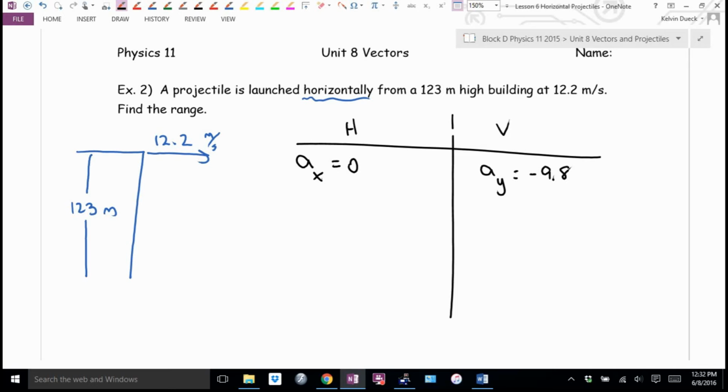Everything else now, I go back to the question, Adrian, and I see what they gave me. Adrian, that 123, what's that? Vertical or horizontal? Vertical, sorry, vertical. You sure now? Okay.